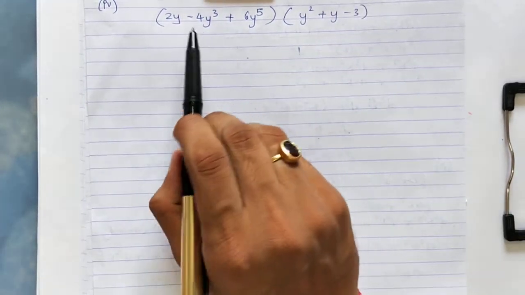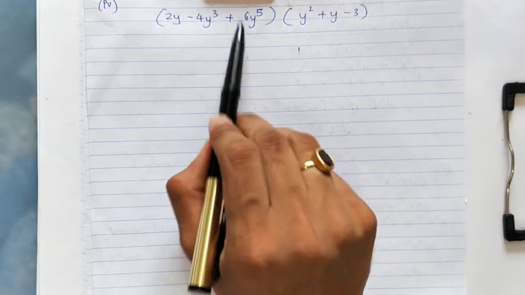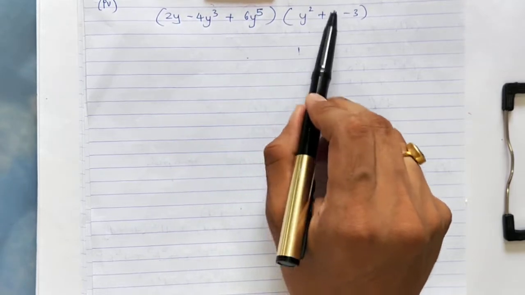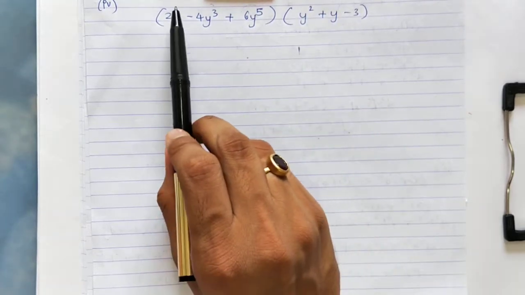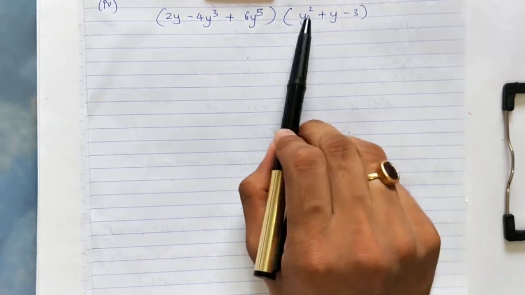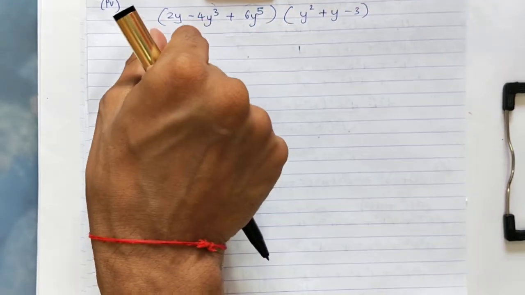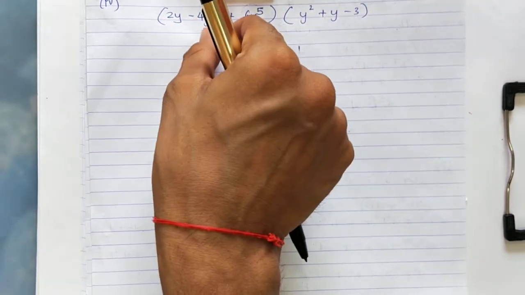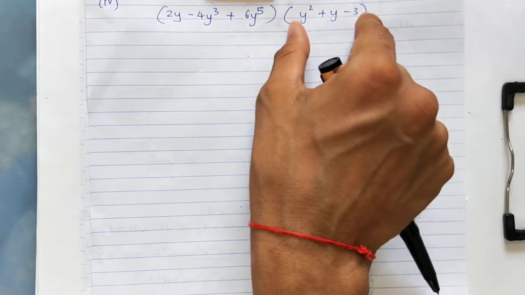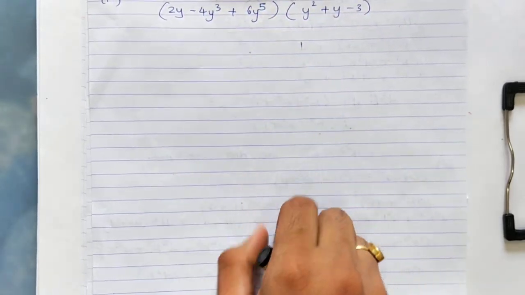Correct? Pay attention, there are 3 terms, 1, 2, 3, and here also there are 3 terms, 1, 2 and 3. So this first term will get multiplied with this full bracket. This full bracket will multiply with 2y, the full bracket will get multiplied with minus 4y cube, and the full bracket will get multiplied with 6y5.